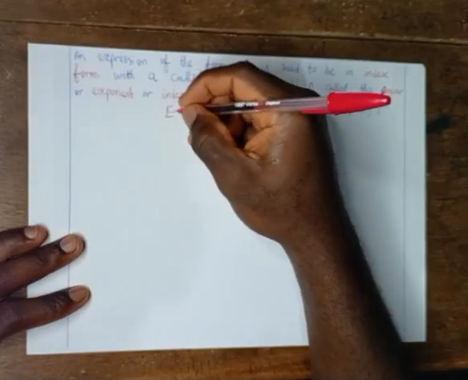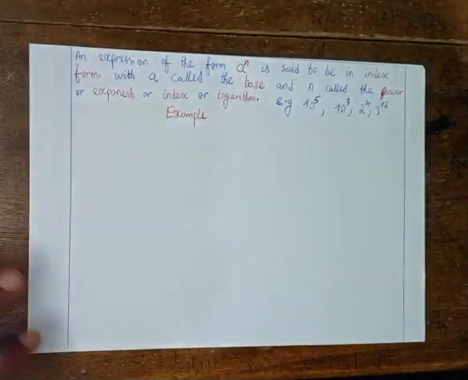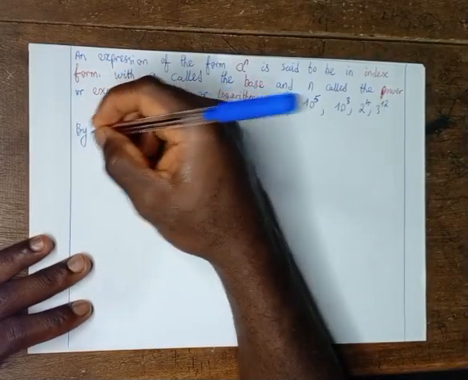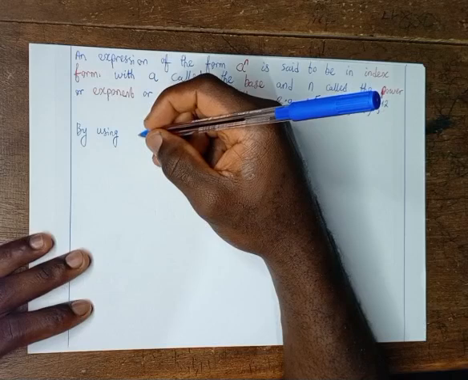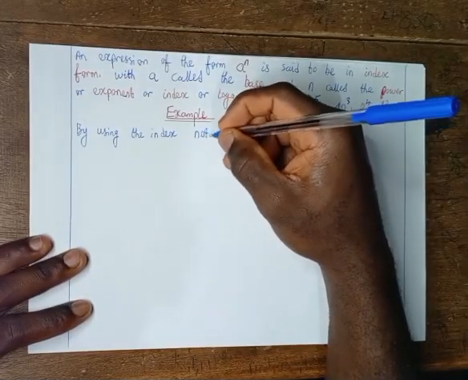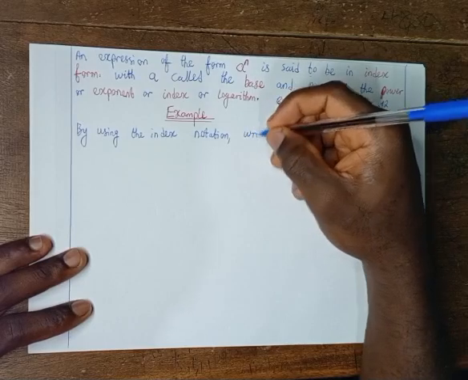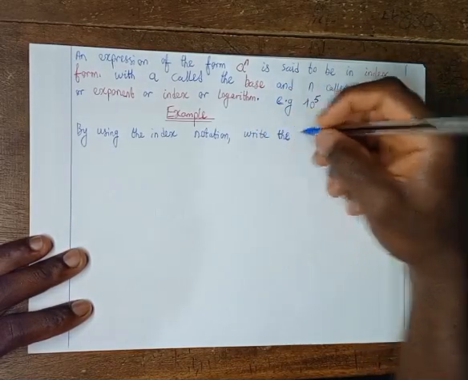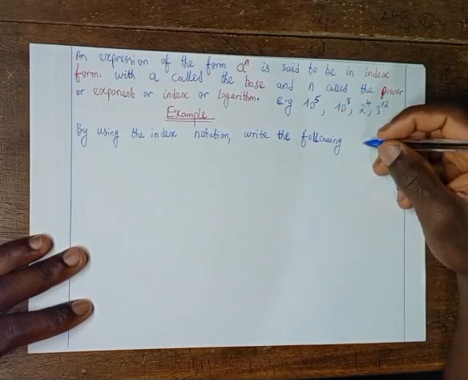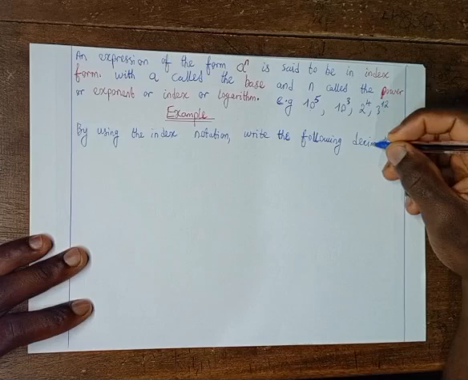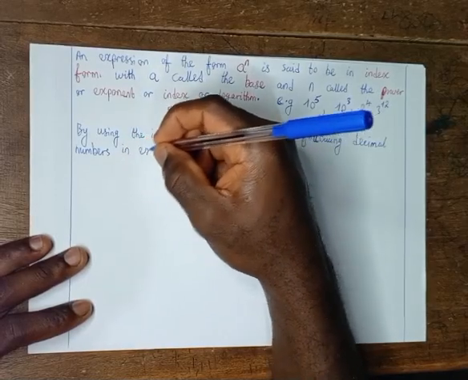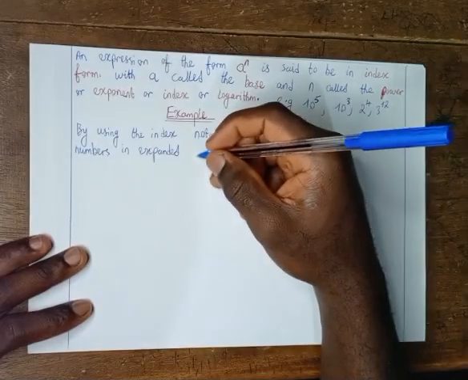Next, let's take an example. By using the index notation, write the following decimal numbers in expanded form.